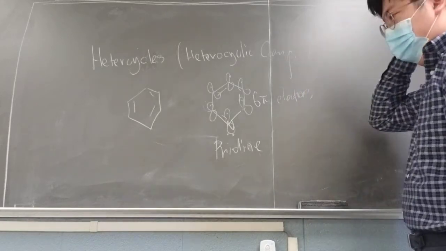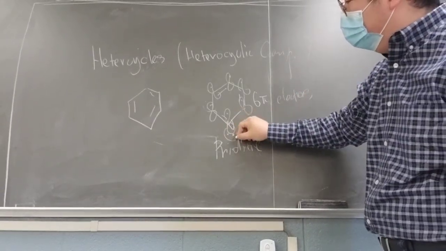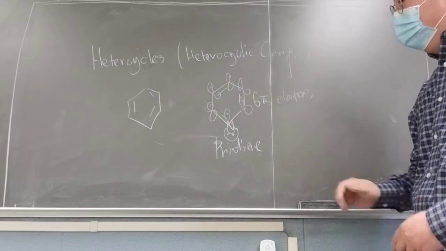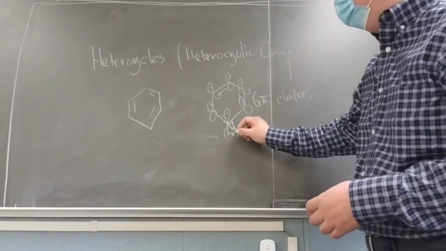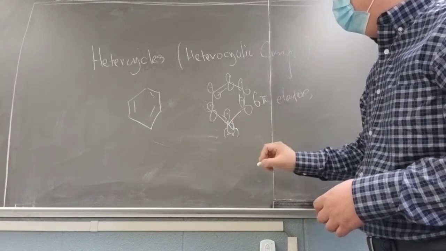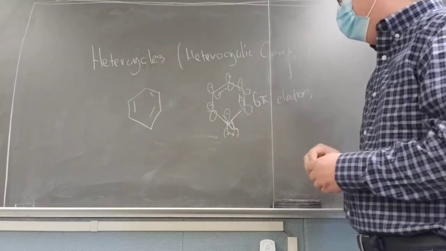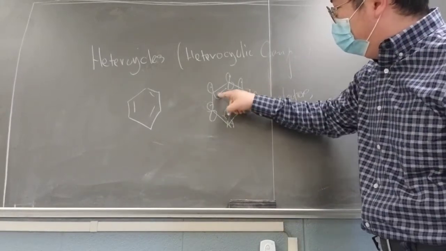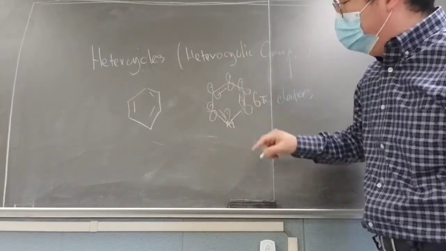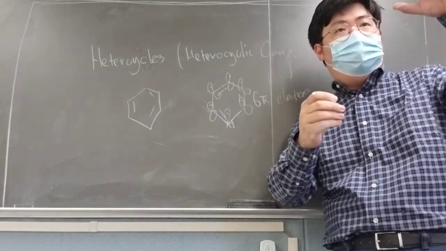Now you're saying, what about this lone pair here? What do you do? Do you see those double bonds here, here and here and here? Each is a combination of a sigma bond and a pi bond, right?